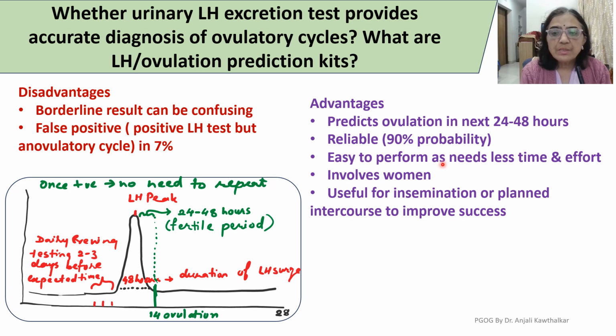It is sometimes tiring and practically not possible for a woman to visit the hospital so many days of a month, almost 8 to 10 days if we rely on ultrasonography, and that is how it is better. It is involving the woman in her assessment. It is useful for insemination or planned intercourse to improve the success. So the most important advantage is that reliability is there, and it is providing us information about the fertile period.